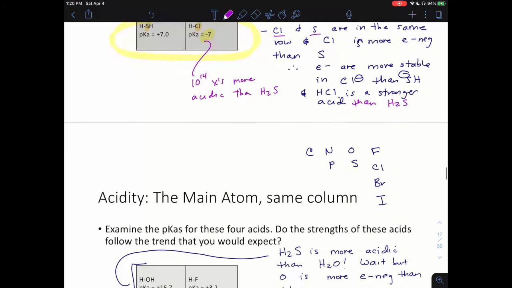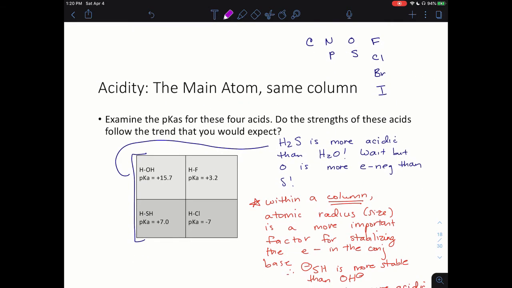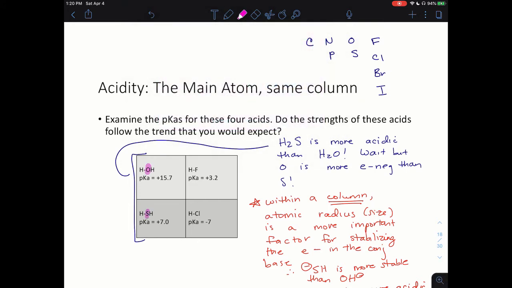Now, life gets more complicated when we're looking at examples of main atoms in the same column. So let's take a look at water versus H2S. So what we see is H2S has a lower pKa, and so it is more acidic than water. Now this might be surprising to us because oxygen is more electronegative than sulfur.